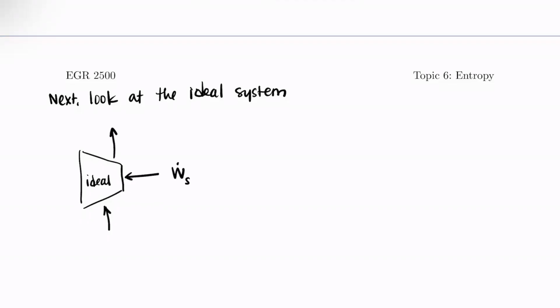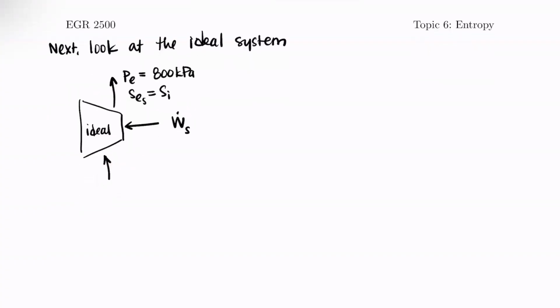And we have our exit pressure is still 800 kPa because that has to stay the same. And then our exit entropy has to be the same as our inlet entropy. And for our inlet, we're going to keep our inlet conditions the same. So we still have 100 kPa and a temperature of 12 degrees C or 285 Kelvin.